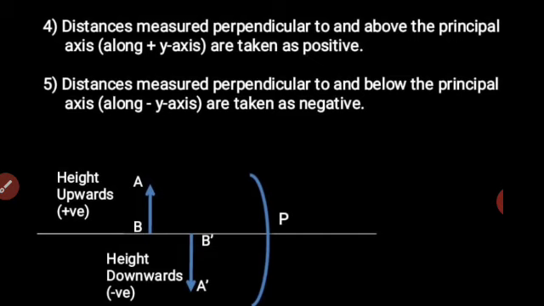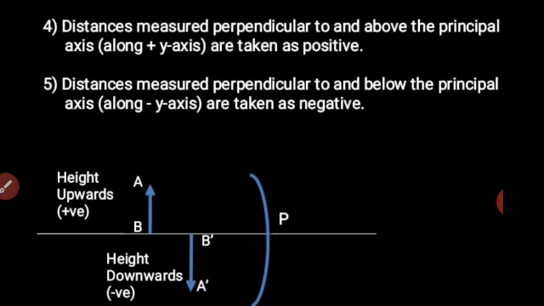Fourth point says that distances measured perpendicular to and above the principal axis, that is along positive y-axis, are taken as positive. Look at the object AB, which is kept upright on the principal axis. When we have to measure the height of the object, because it is going up towards the positive y-axis, we shall take it as positive.